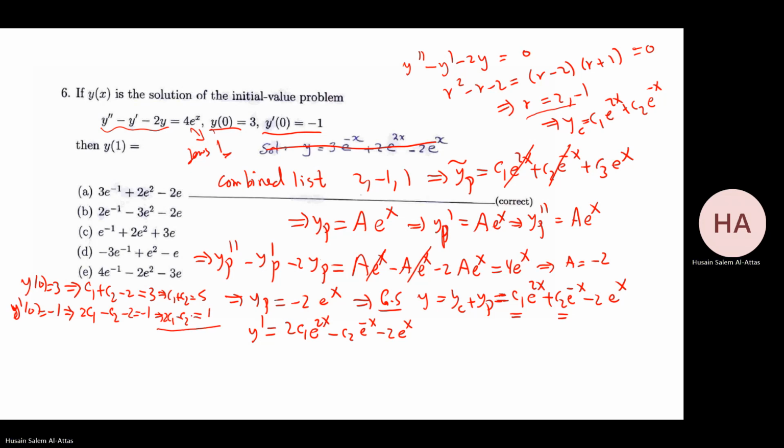Add these two. C1 plus c2 minus 2 equals 3, and 2c1 minus c2 minus 2 gives me minus 1.